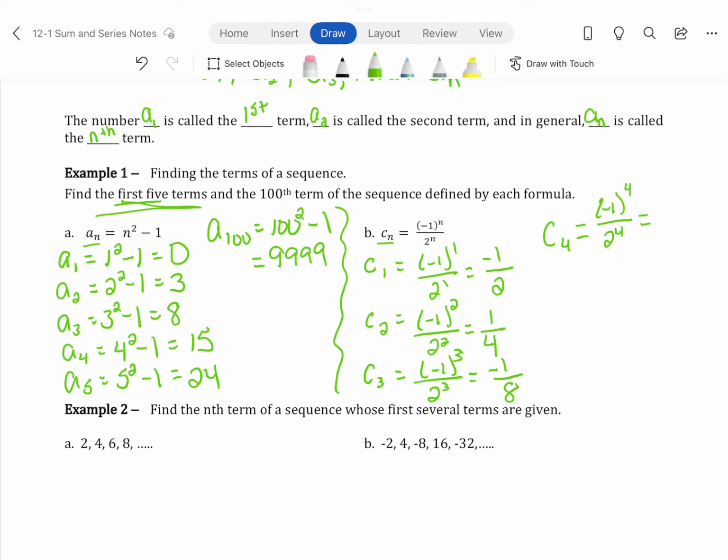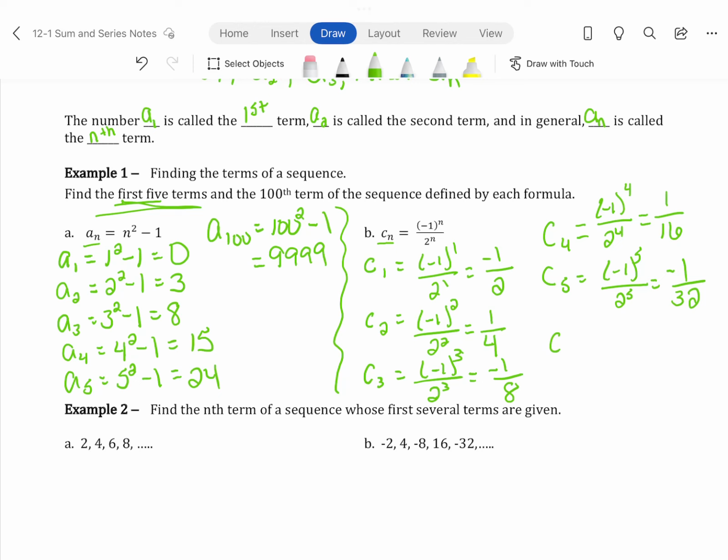Any negative number to an even power comes out positive, and 2 to the 4th is 16. Our fifth term is negative 1 to the 5th over 2 to the 5th. Negative 1 to the odd power makes that a negative 1, and 2 to the 5th power is 32.